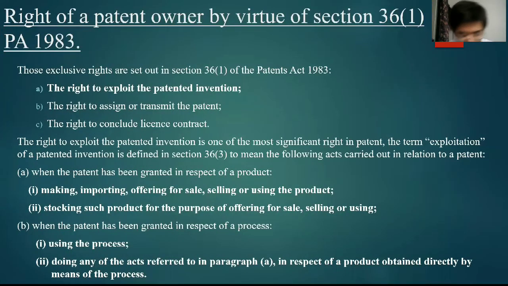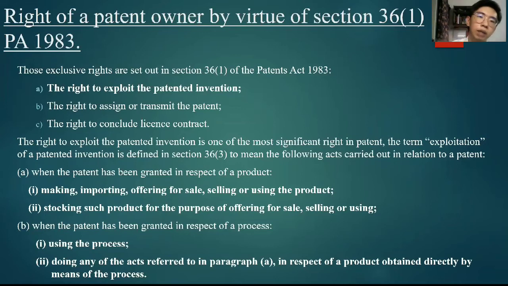So once we have determined who has the patent right for the invention, now it is time for us to discuss the rights of the patent owner by virtue of section 26 subsection 1 of the Patent Act 1983.